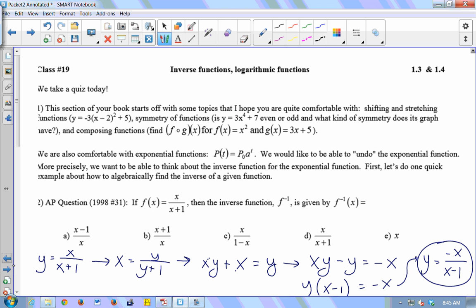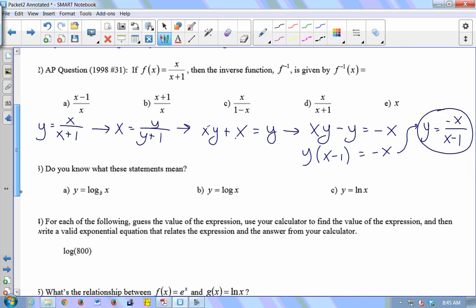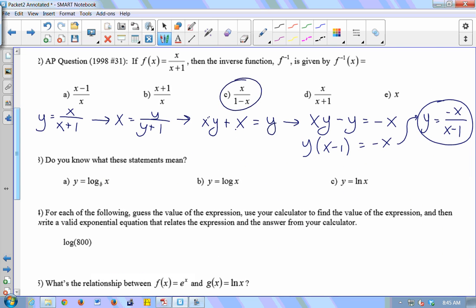Is that a minus in my original? Yeah, this is minus 1. So this is negative x plus 1, which is 1 minus x. Okay, good.